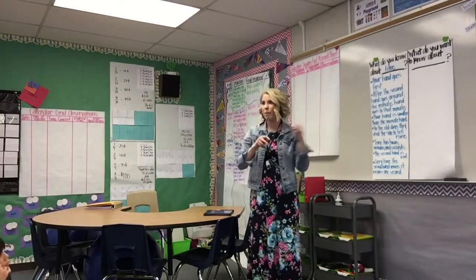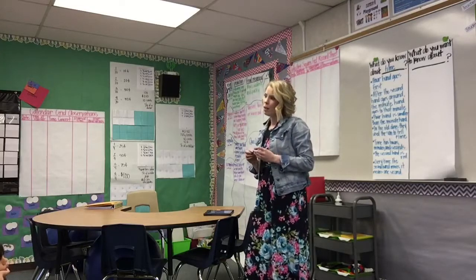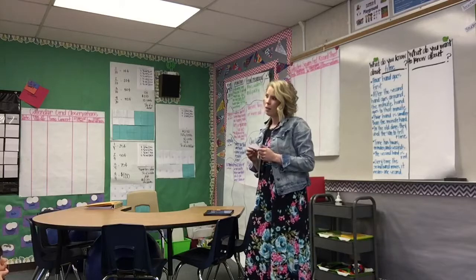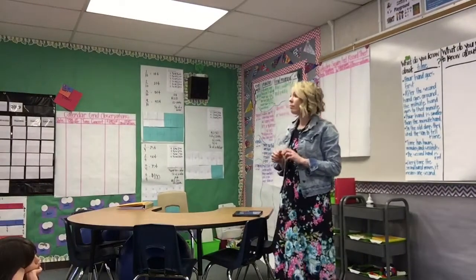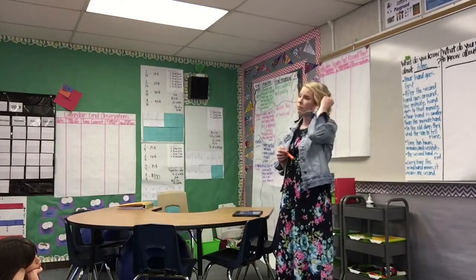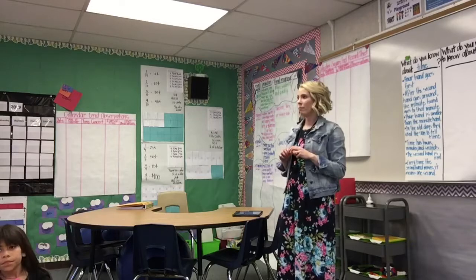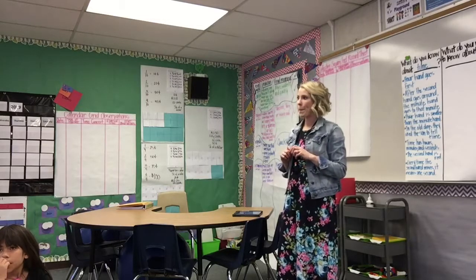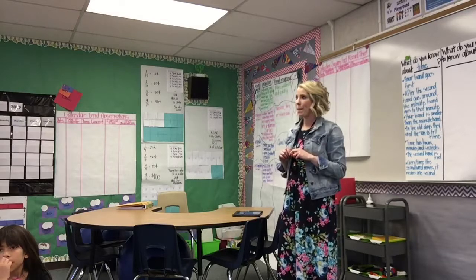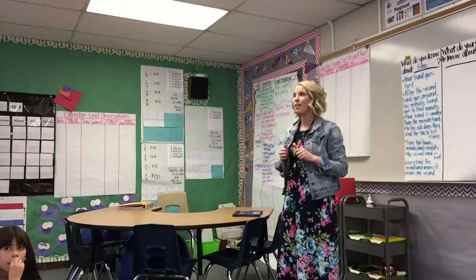I have room for one more, but I'm not going to be able to write it down. Austin. Every number on the clock means, when the minute hand goes by one number, it's because you count by fives.